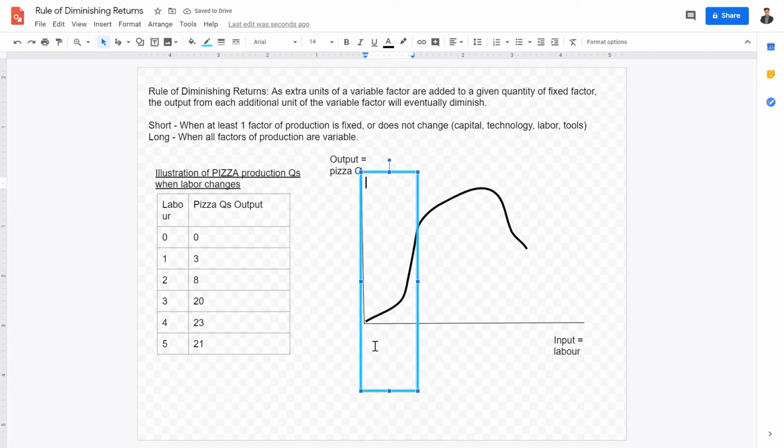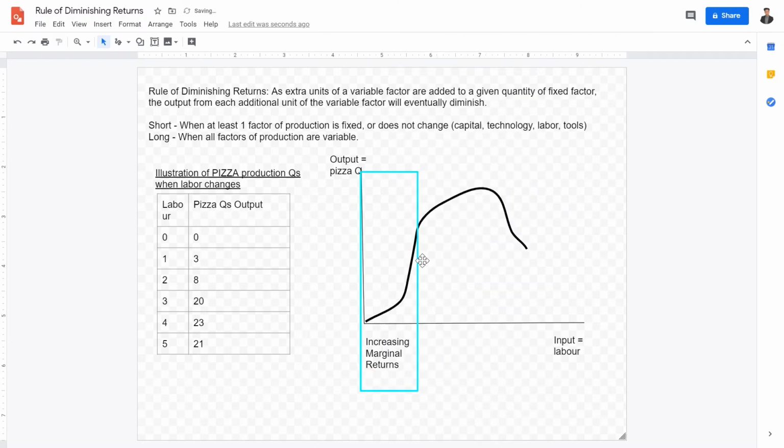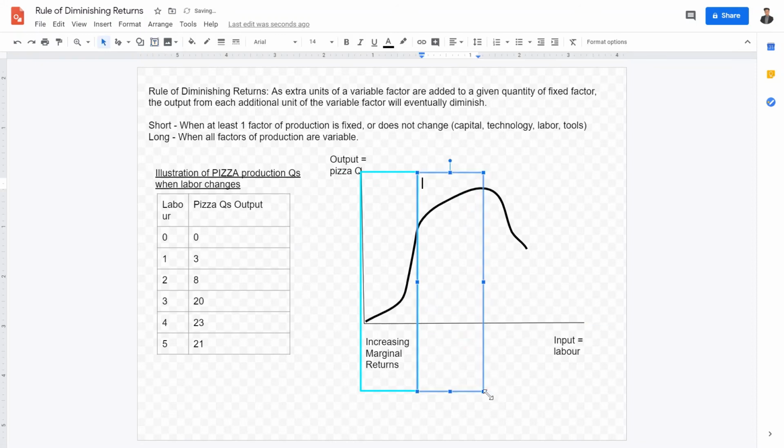This first section is what we call increasing marginal returns, because for every additional input of labor, we are getting increasing marginal returns. From this part to right here, we see the increase plateauing, or the increase decreasing.